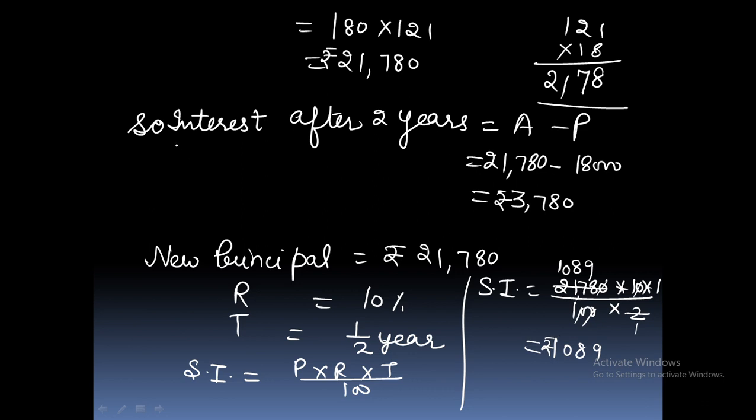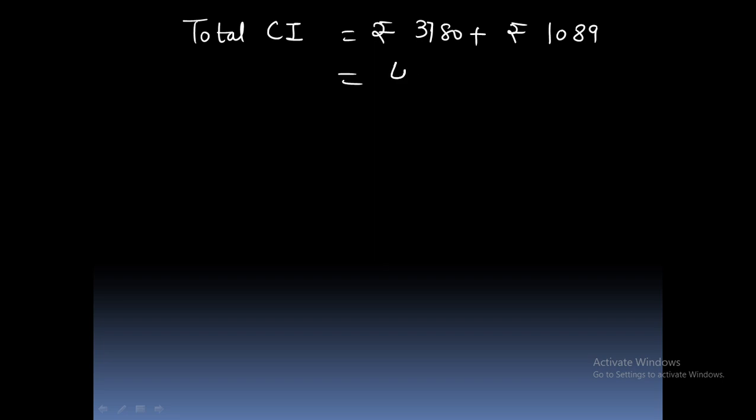Now you can write the total interest is equal to rupees 3,780 plus rupees 1,089, and the total compound interest is 4,869.